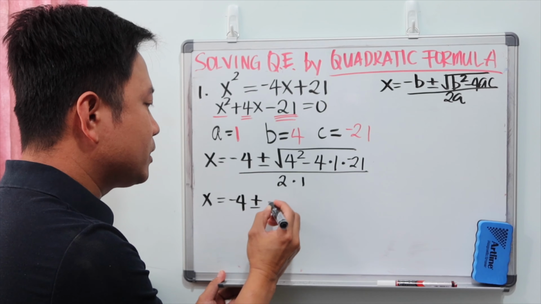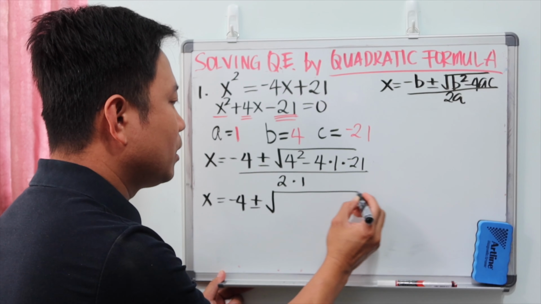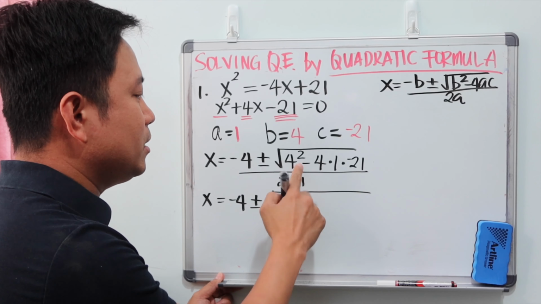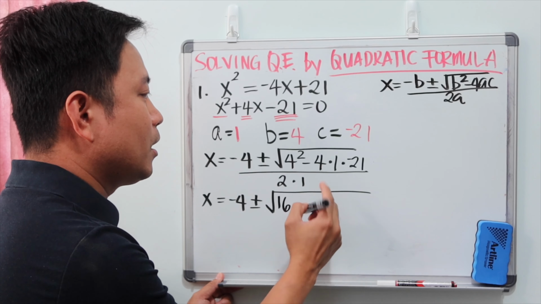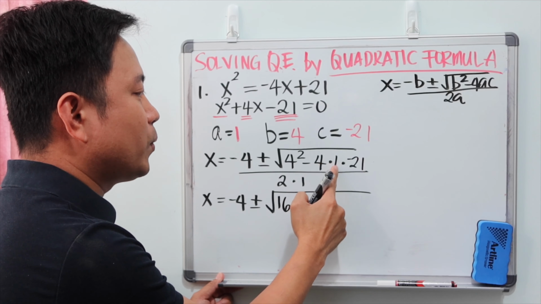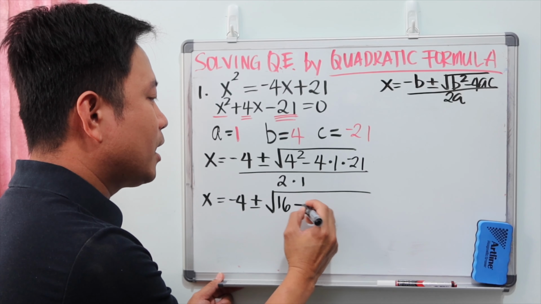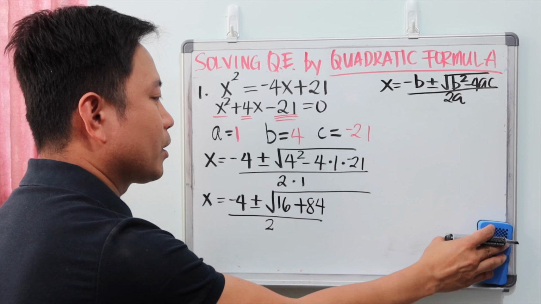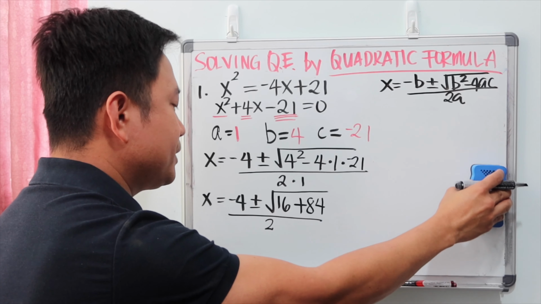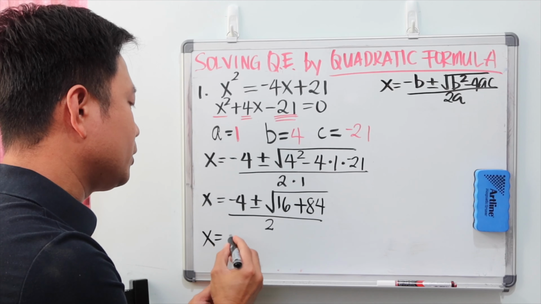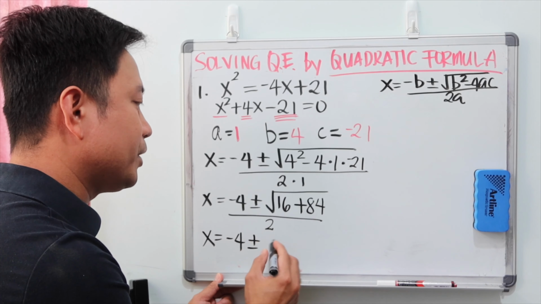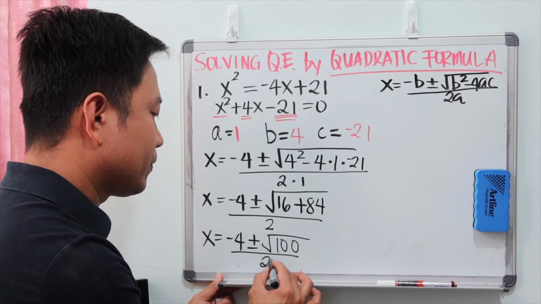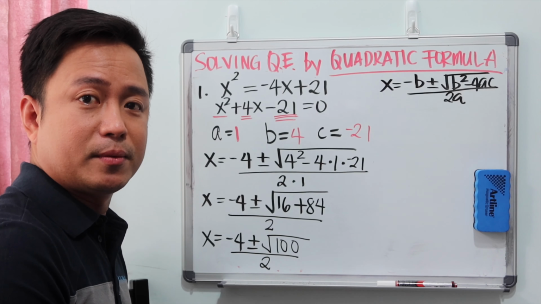Simplify the inside of the square root sign, which is called the discriminant. 4 squared is 16, minus 4 times 1 times negative 21 becomes plus 84, and then we have divided by 2. So to simplify this, we now have x is equal to negative 4 plus or minus the square root of 100, divided by 2. And what is the square root of 100?